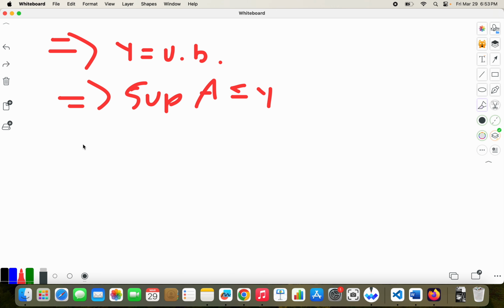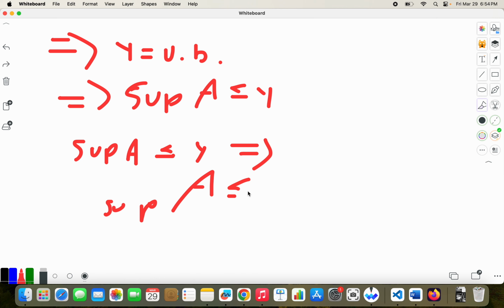Thus, for all y in B, sup A is less than or equal to y, which implies sup A is a lower bound for B. So sup A is less than or equal to inf B.